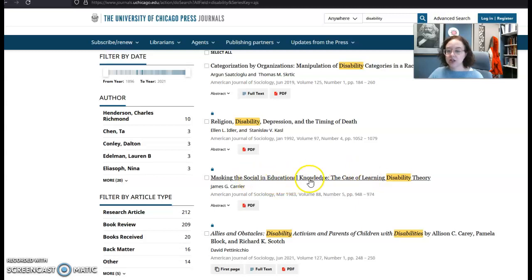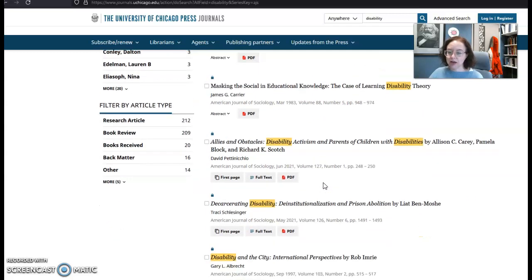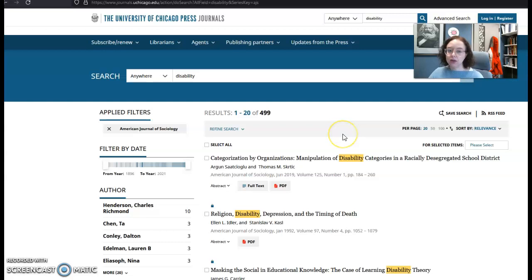Masking the social and educational knowledge, the case of learning disability theory, maybe not, right? So you can also search within journals to see where the discourse is, because the reason you're going to want to do this is that you're looking for the conversations.